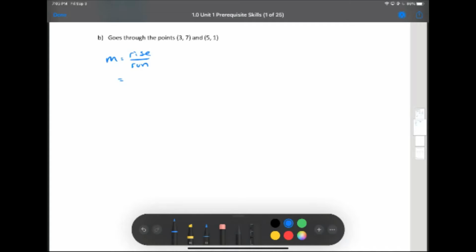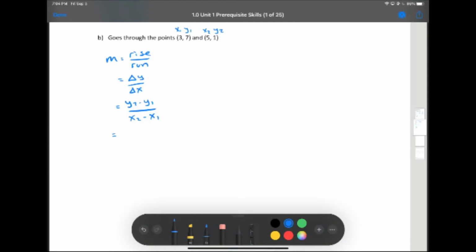They might say it's equal to delta y over delta x. Delta is a fancy term for change of, which is equal to y2 minus y1 over x2 minus x1. Now, it doesn't really matter which point is which. It's irrelevant, but I'm just going to say that this is x1, y1, and this is x2, y2.